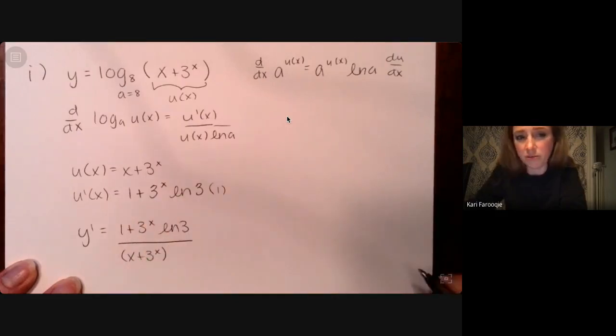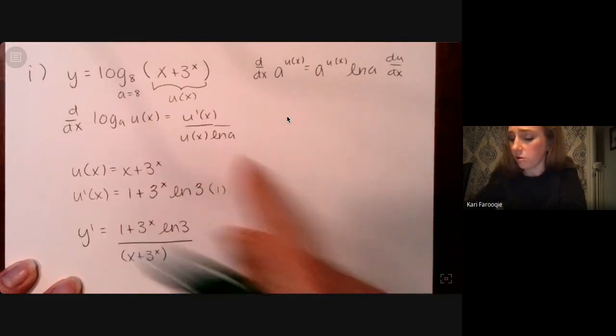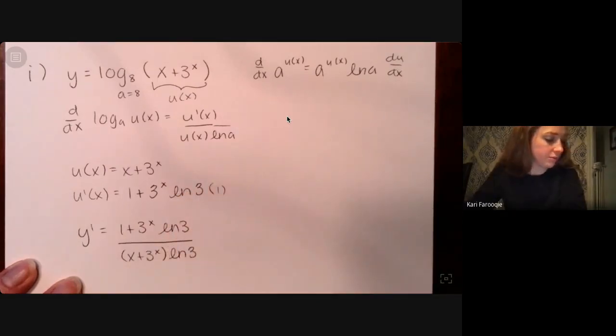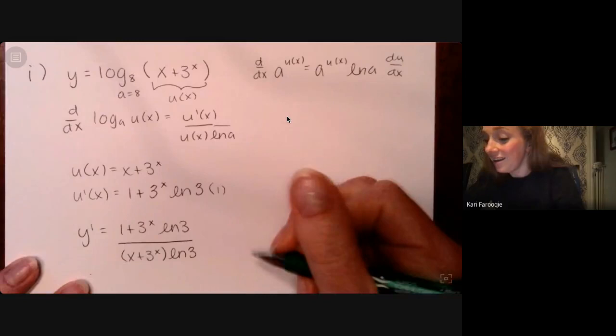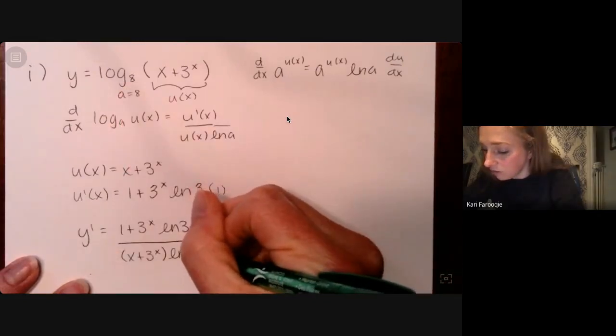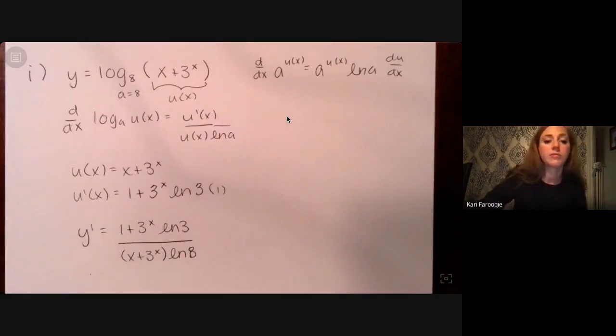And I put that in parentheses because that's going to get multiplied by the natural log of a, which is the natural log of 3. Oh, no, sorry. A in our case is 8. Totally forgot that we have actually 2 different a's going on here.